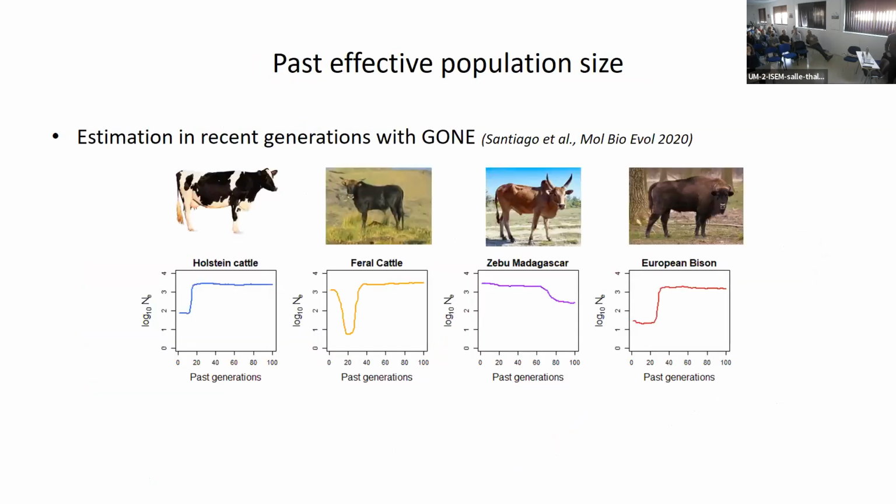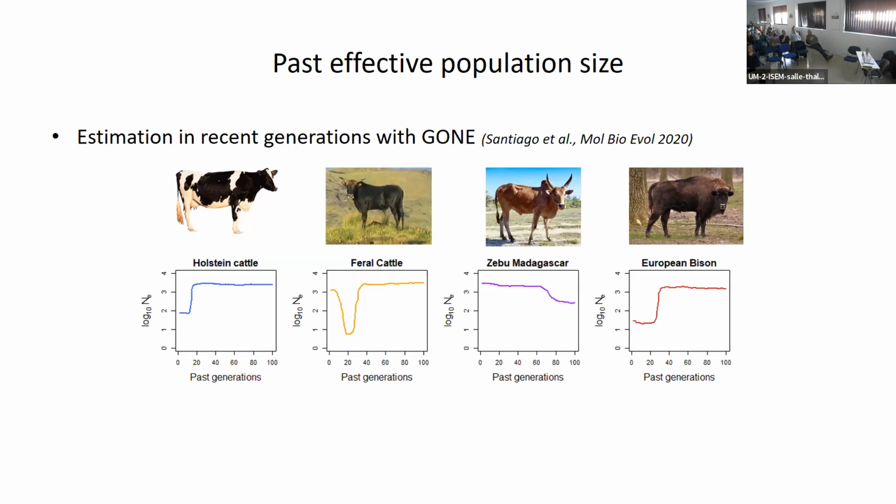So when we look at these 4 populations and we estimate the effective population size with a program called GONE based on the linkage disequilibrium, we see what we expect, that in the last 10 to 20 generations, the Holstein cattle, the effective population size reduced to approximately 100 individuals.